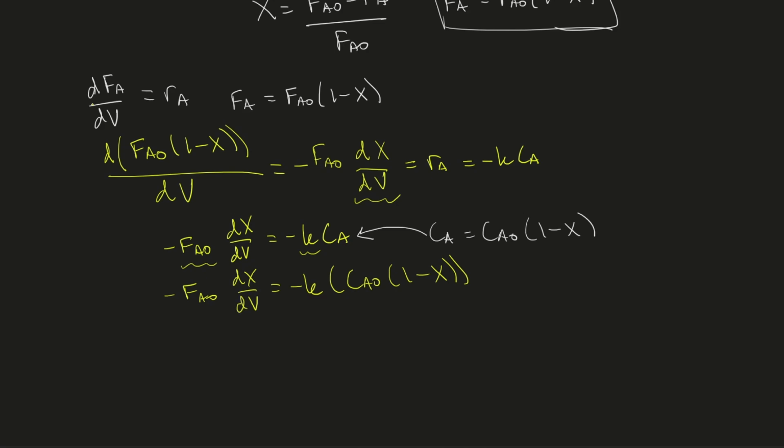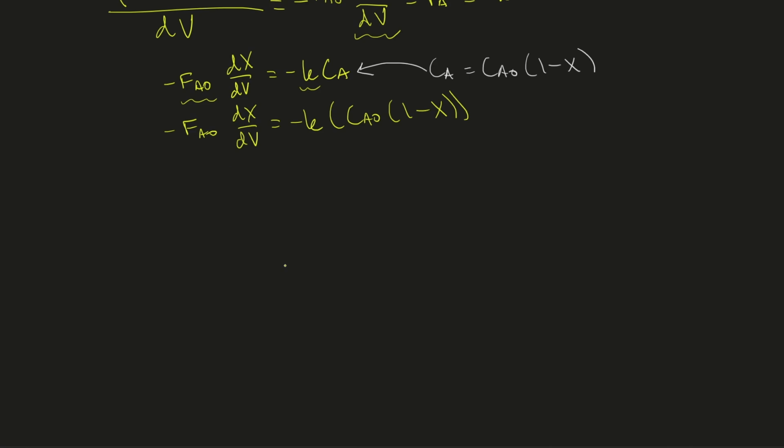We're now ready to solve this differential equation. I'm going to move all the terms involving X to one side of the equation and then everything else to the other side. So first let's cancel out these negative signs. We have dX divided by 1 minus X is equal to K CA0 divided by FA0 times our dV.